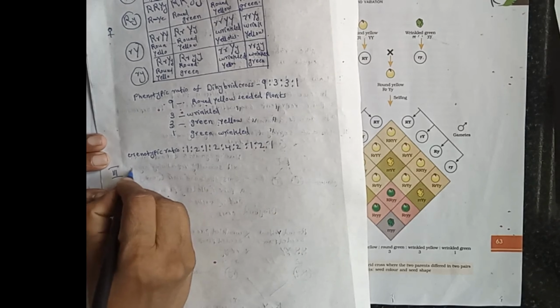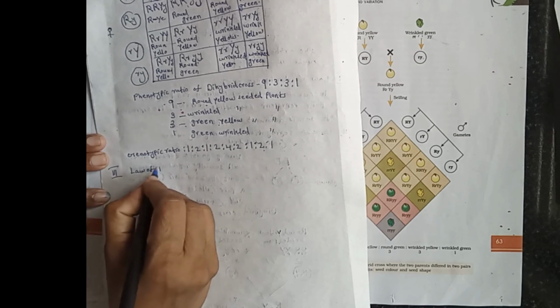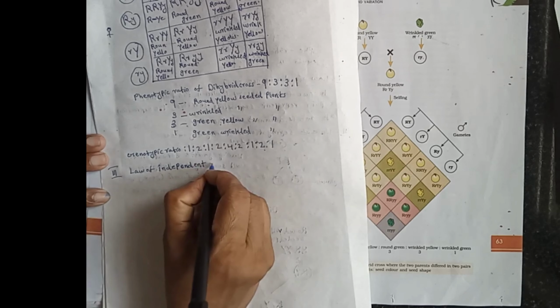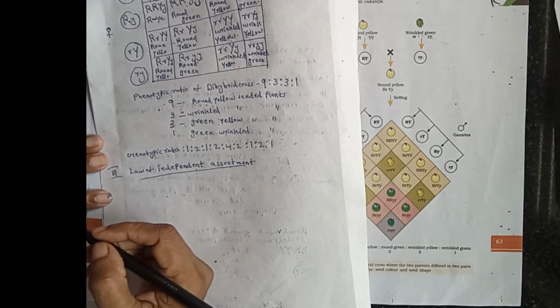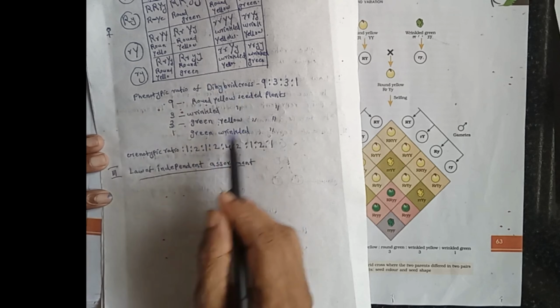Next, law of independent assortment. Third law. In this law, if we consider 2 pairs of contrasting characters, that is considering the dihybrid cross, for example tallness or flower color.